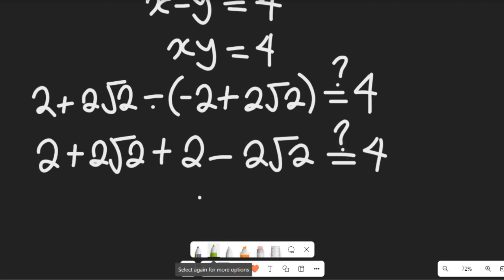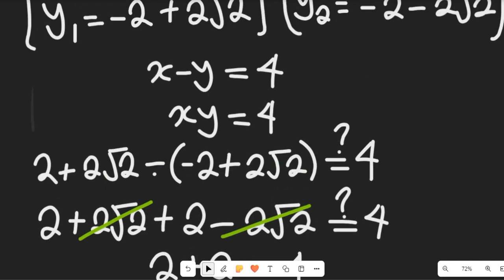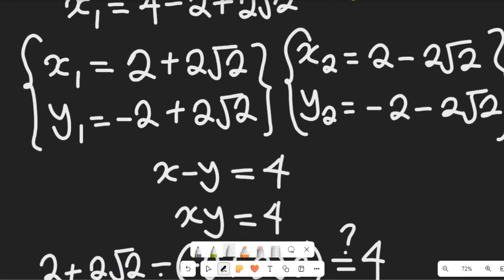From this part you could see that plus 2 root 2 will clear negative 2 root 2, so we'll be left with what? 2 plus 2. Is it equal to 4? Of course, this is equal to 4 and 4 is equal to 4. So that tells us that this expression given to us here is absolutely right.